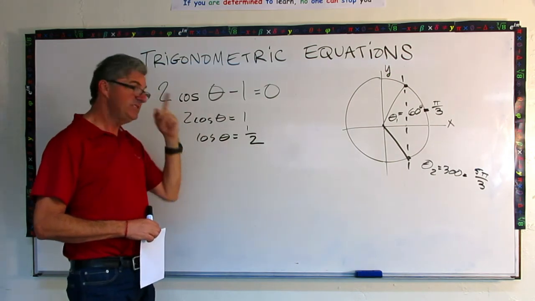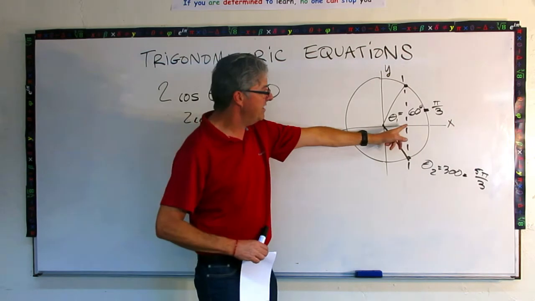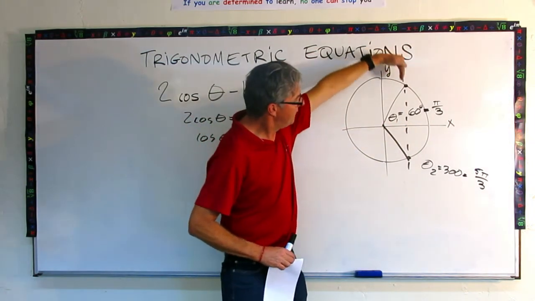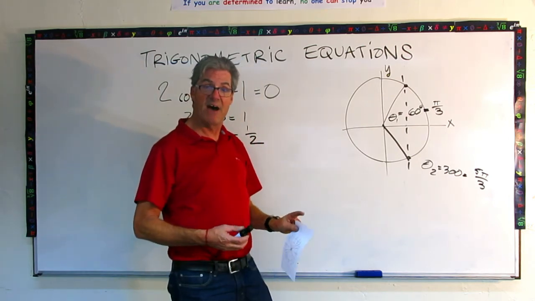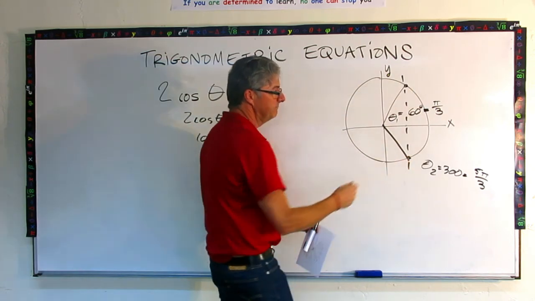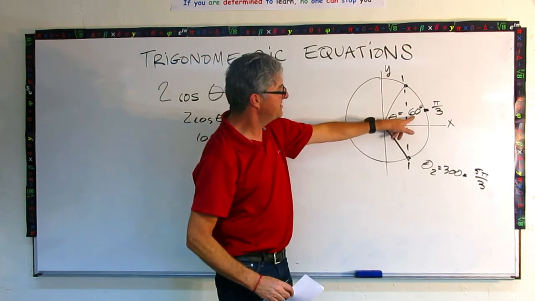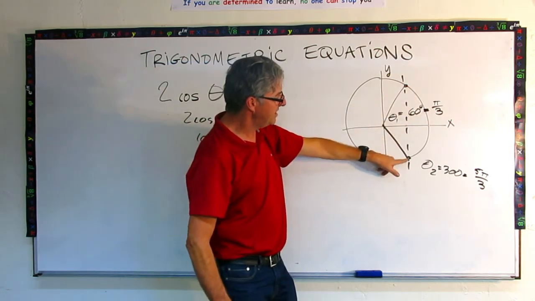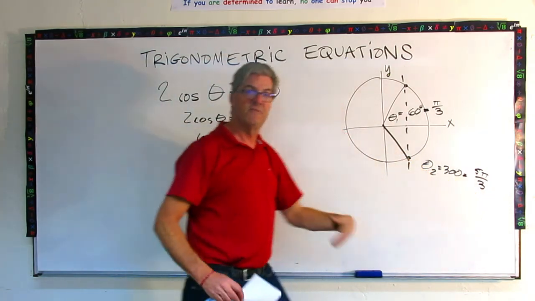I recognized that cosine theta is the x-coordinate. So then I could plot it on my unit circle. 1/2 is right there. I drew a vertical line because that's where x equals 1/2. And it intersects the unit circle up here and down there. And then I use my unit circle diagram to figure out that that theta is 60 degrees or pi over 3 radians for this one, and that second theta is 300 or 5 pi over 3 radians for that one.